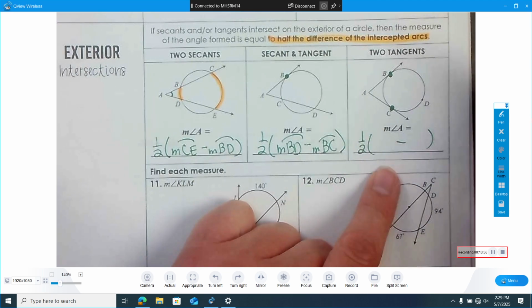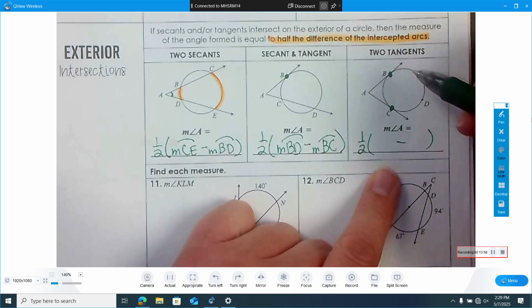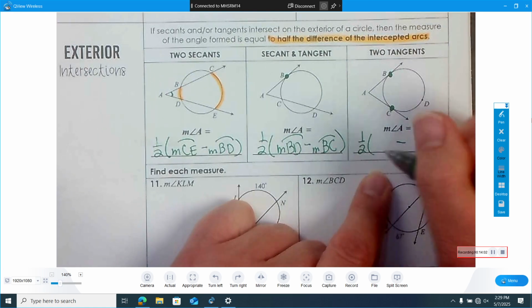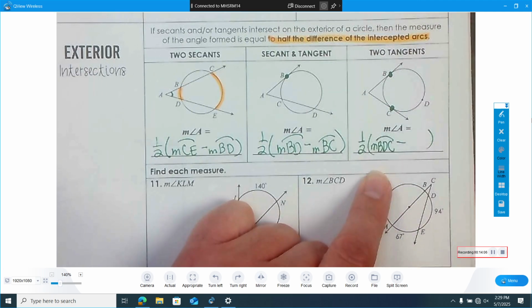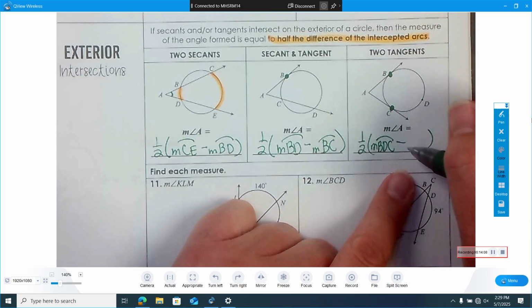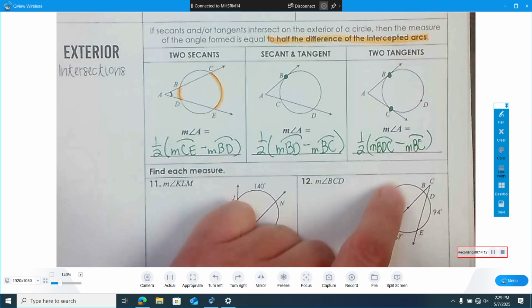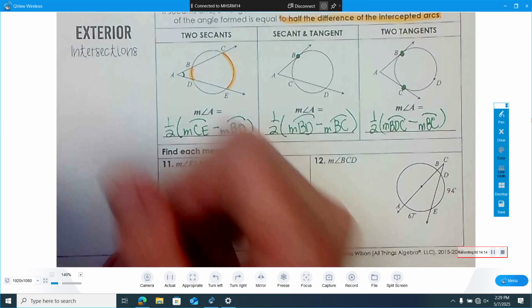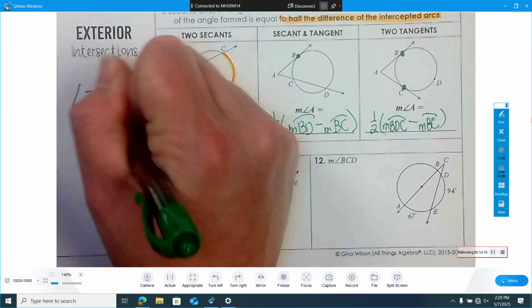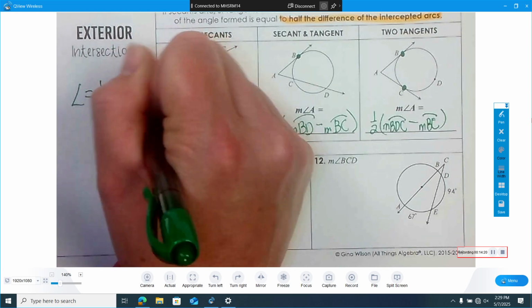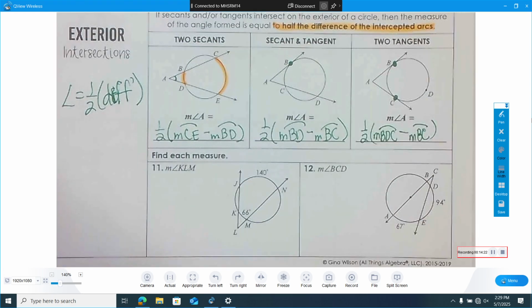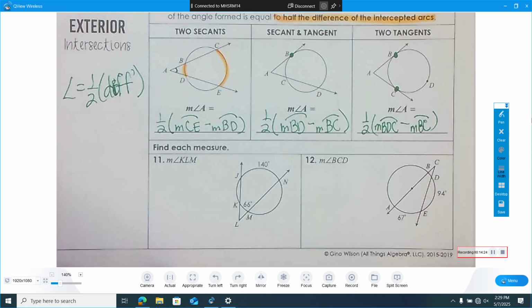What's the first arc? BDC, the measure of arc BDC. It's a major arc, so we need all 3 points there, minus the measure of little bc, the minor arc. So here the angle equals half the difference, half the difference.